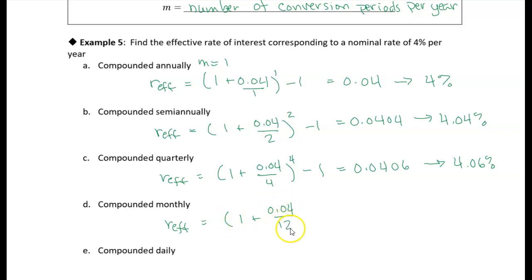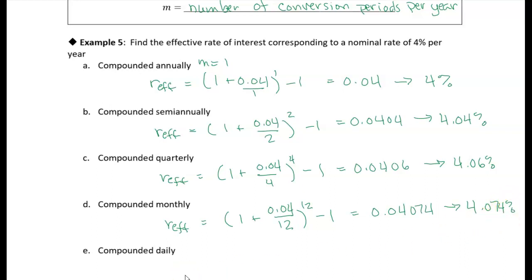How about monthly? If we compound monthly, the effective interest rate is equal to 1 plus r, 0.04 over m, which is now 12, 12 months per year, so m is 12, then minus 1. So what do I get? 0.04074. Okay, so 4.074% is the effective interest rate.